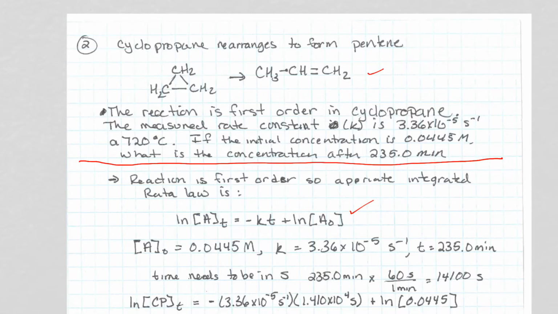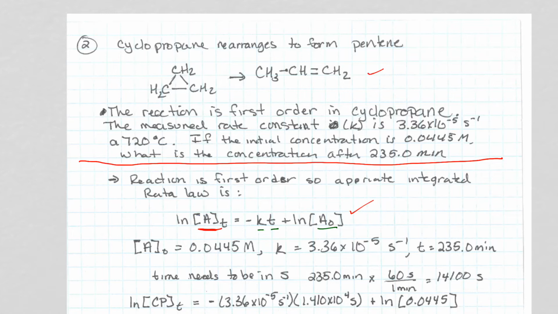Well, we're trying to find the concentration after 235 minutes, so the concentration at time t. So we know t, we know k, and we know the initial concentration. So we only have one variable that we don't know.